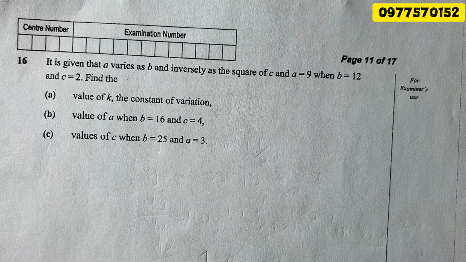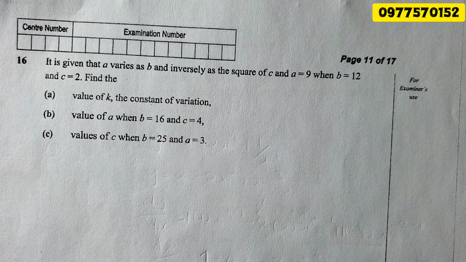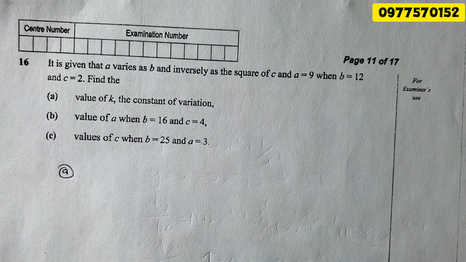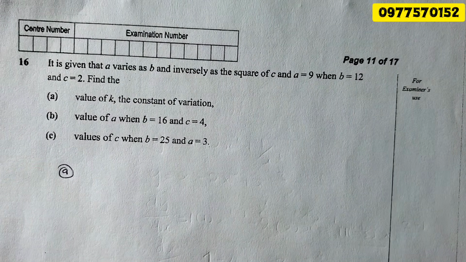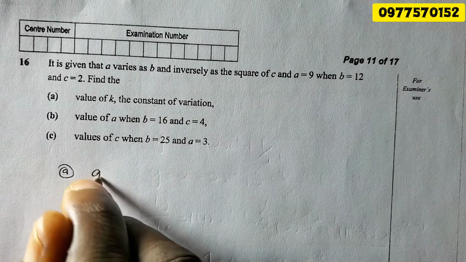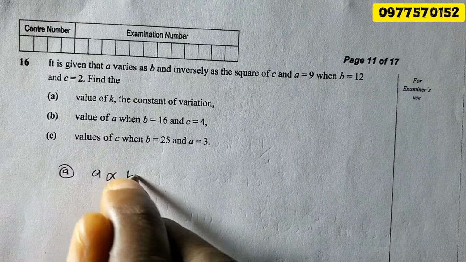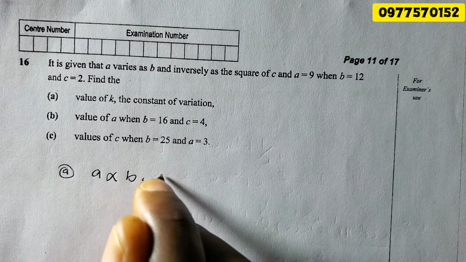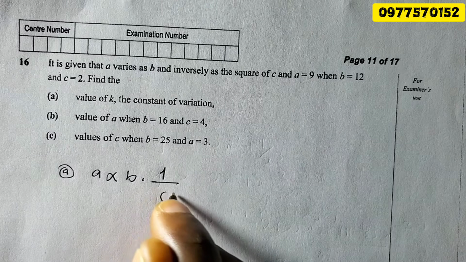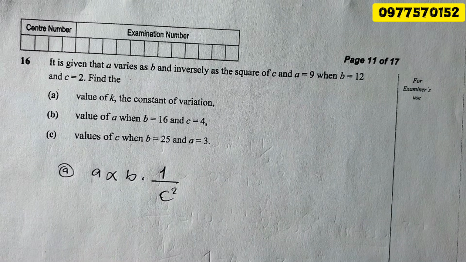Find the value of the constant K. So the first thing here, we're going to interpret this one. We are told that A varies as B and inversely, which is 1 over the square of C, which is C squared.